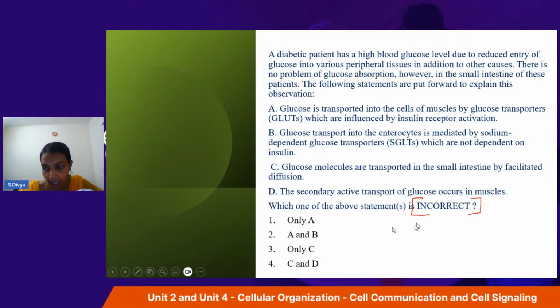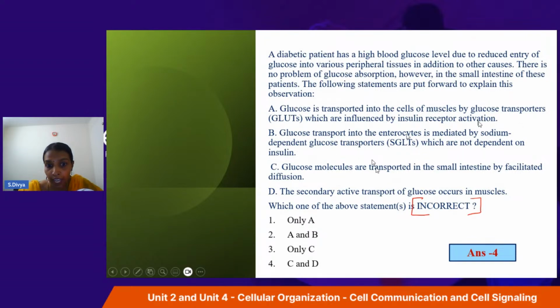Very good for that. The correct answer over here is 4, that is C. Undoubtedly, this is the correct answer. Glucose is transported into the cells of muscles by GLUT transporters. Right, whenever insulin binds to the receptor, GLUT transporters will be relocated to the membrane, taking up the excess glucose.